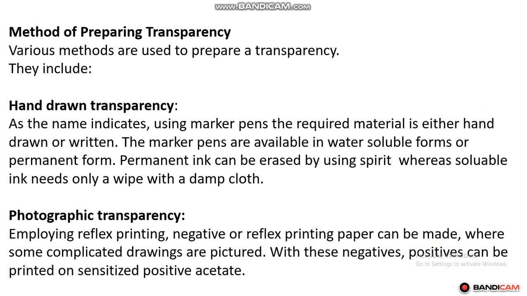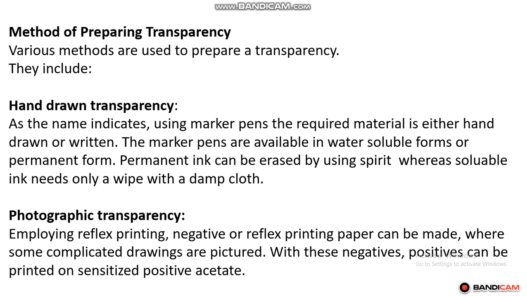Positive acetate is the material used for getting the transparency. For content or pictures which seem very complicated to draw, the picture can be xeroxed directly onto these transparencies, and those transparencies can be kept on the projector and projected.